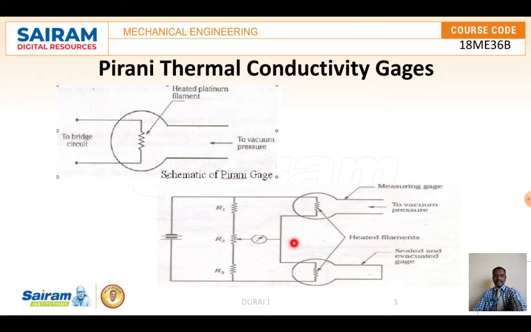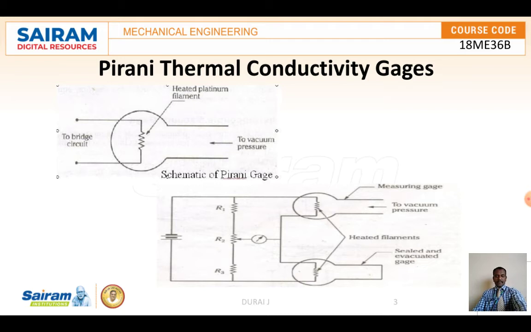When the measuring gauge is exposed to the vacuum pressure under test, the deflection of the bridge from the null position will be compensated for changes in the environmental temperature. The Pirani gauge requires calibration and is not suitable for use at pressures below 1 micrometer, and the upper limit is about 1 torr.